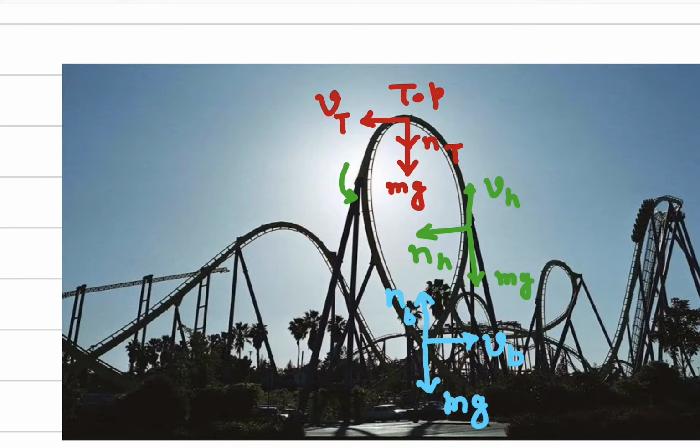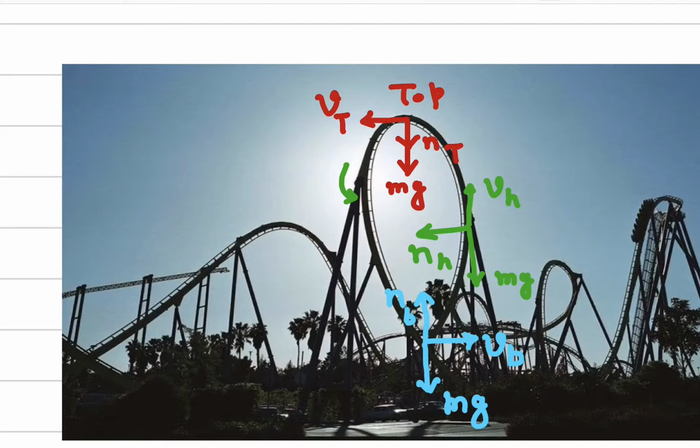Now these two forces, NT and mg together, are providing the required centripetal force. Let me tell you one thing. A particle or any object cannot move in a circle without having a force. There must be some sort of force which makes them move in a circle. For example, the earth is moving around the sun, and the gravitational force of attraction is providing the required centripetal force.